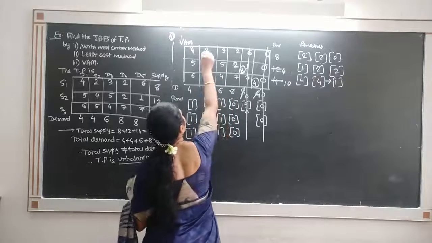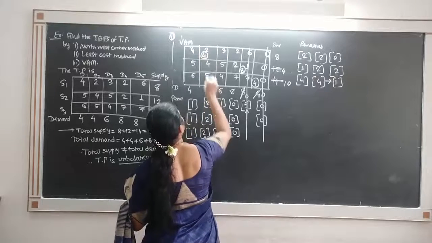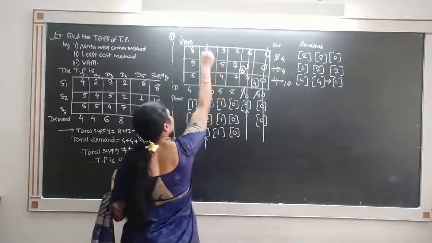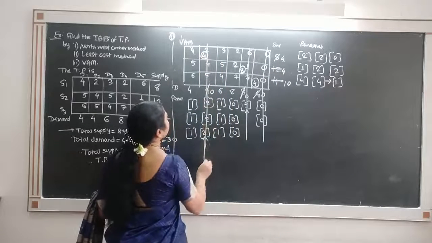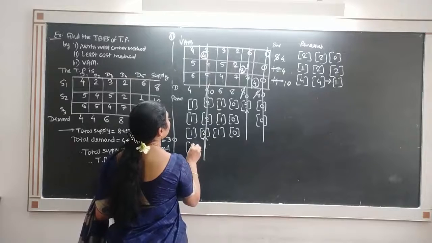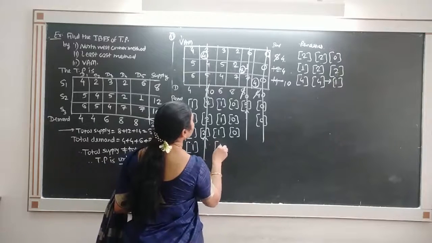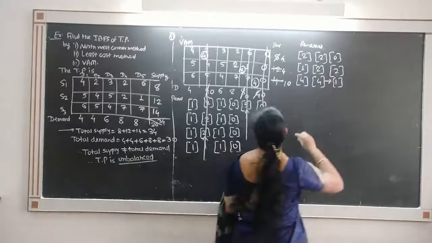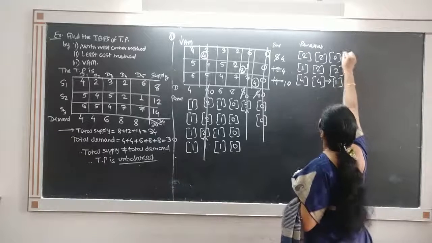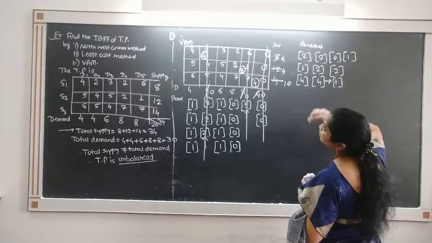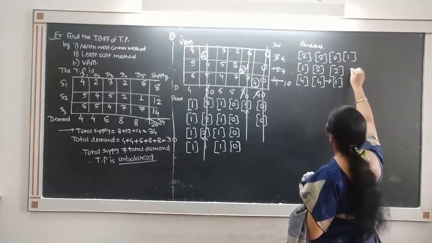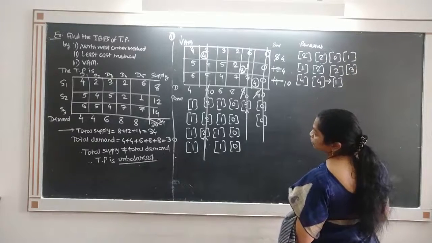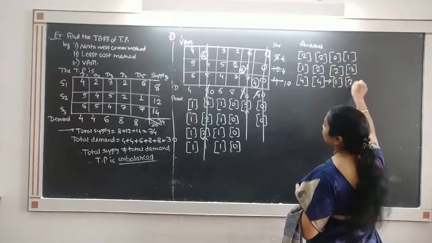So both will give same cost, so you can take any one, makes no difference now. Suppose I take these two, allocate 4 to that, remains 0, remains 4, and because this has demand 0, cross out this. Now again take the penalties. Difference between 5 and 4, difference between 4 and 3, difference between 2 and 2, that is 0, difference between 3 minus 2, that is 1, 5 minus 2, that is 3, and 6 minus 4, that is 2.